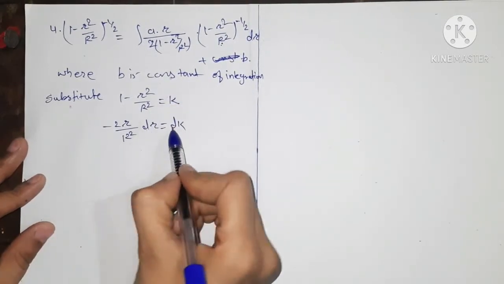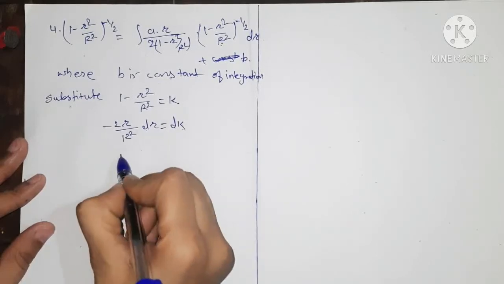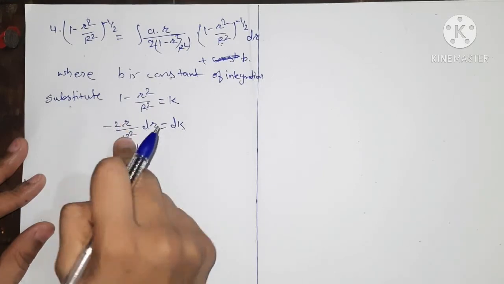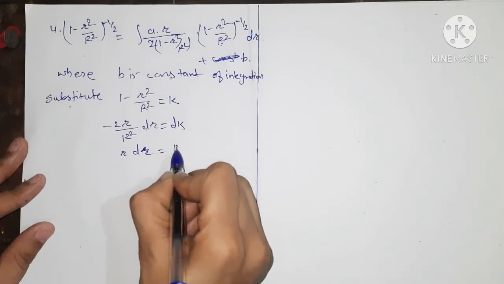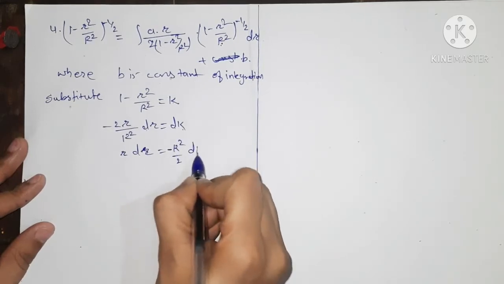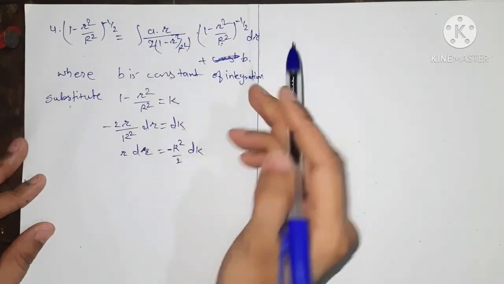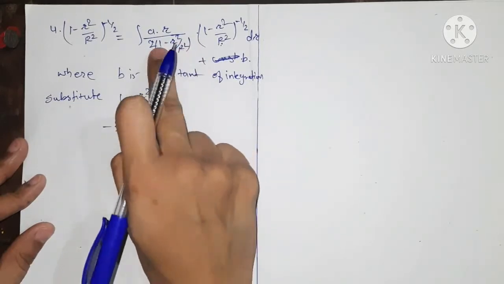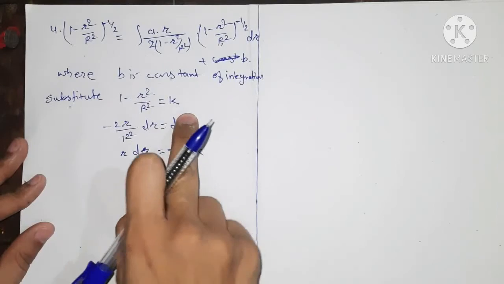Now we can take minus 2 upon R square to the other side, so r dr is equal to minus R square upon 2 into dk. Now we can substitute the value of r dr as minus R square upon 2 into dk, and the bracket 1 minus r square upon capital R square as equal to k.